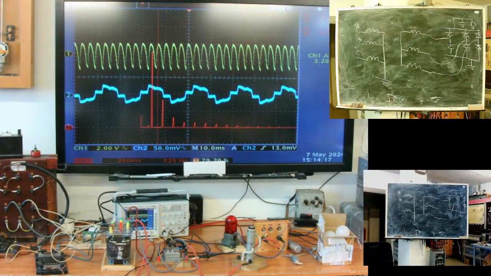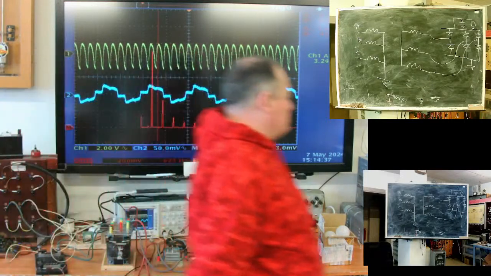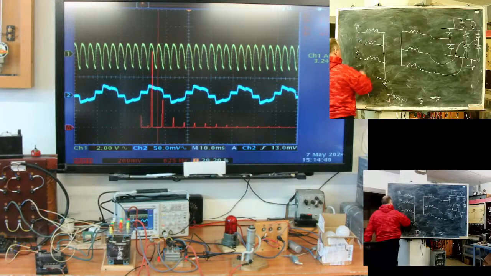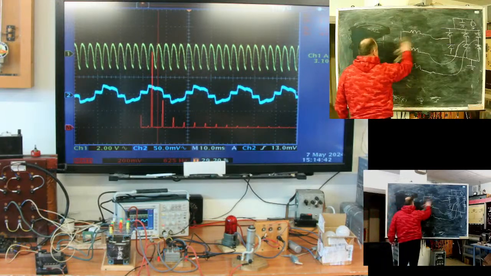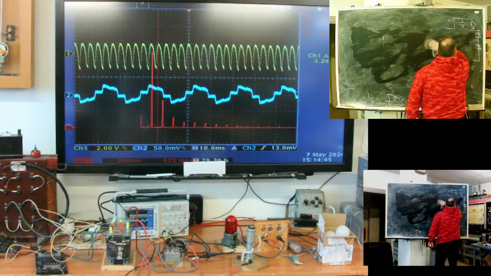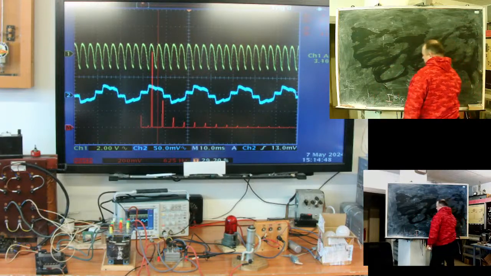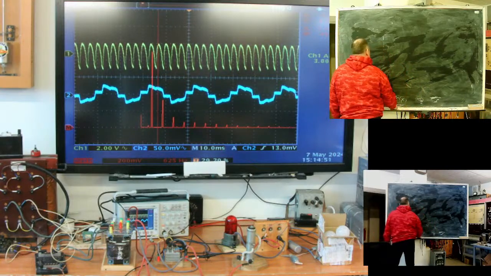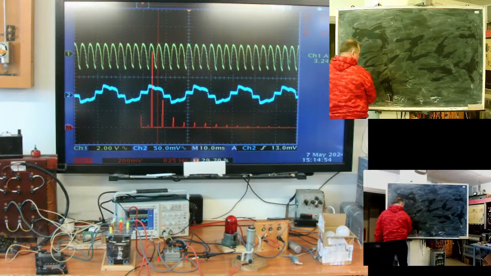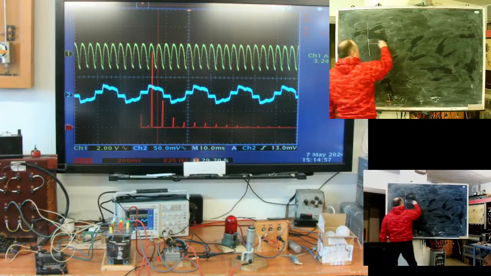3-phase rectifier, full bridge. In the ideal world of rectifiers, full bridge, what will be the phase voltage?